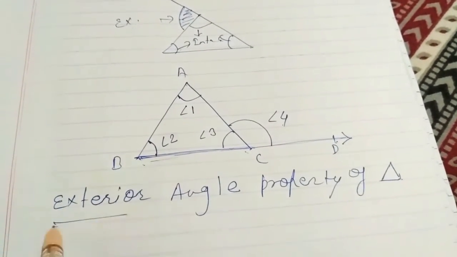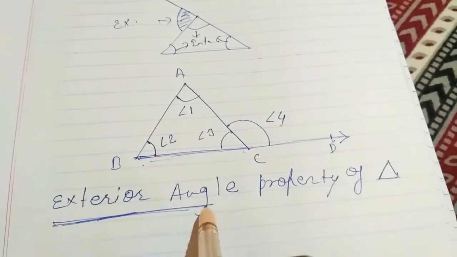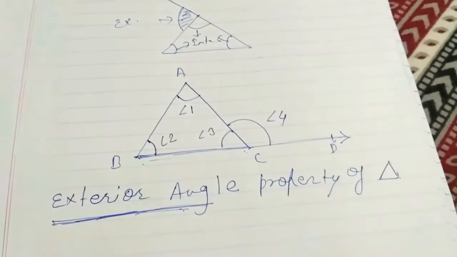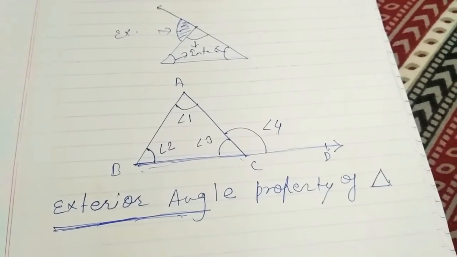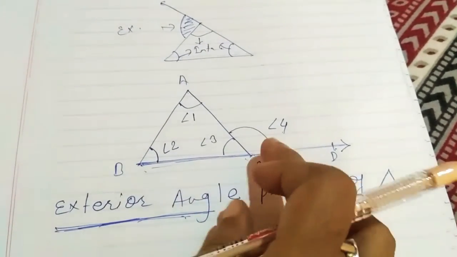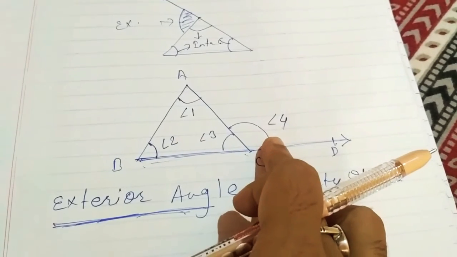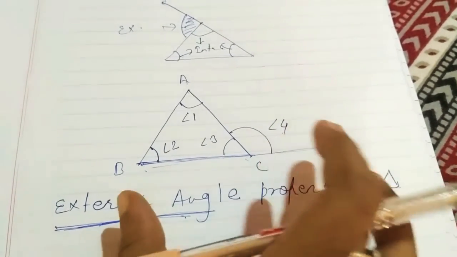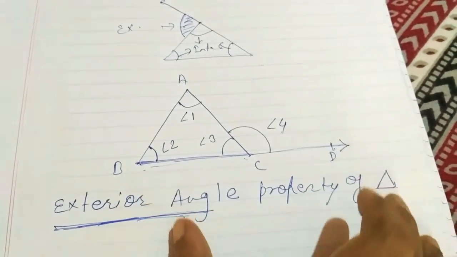So the main thing that comes here is the exterior angle. I am 110% sure that this property depends on the exterior angle. Okay, so what is in this property?